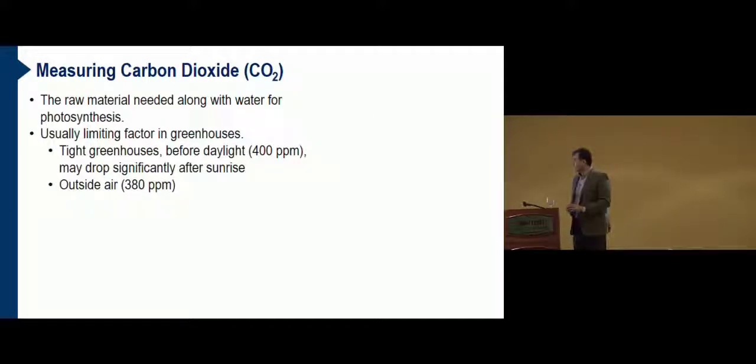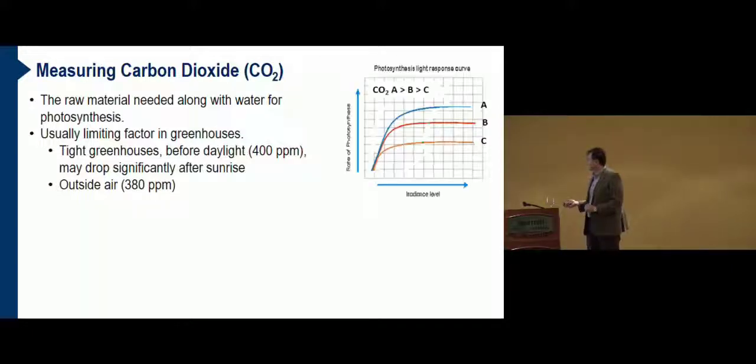Measuring carbon dioxide is really important in the growing environment because CO2 is important for photosynthesis, and it is an important variable, especially under light-independent conditions when it comes to photosynthesis.